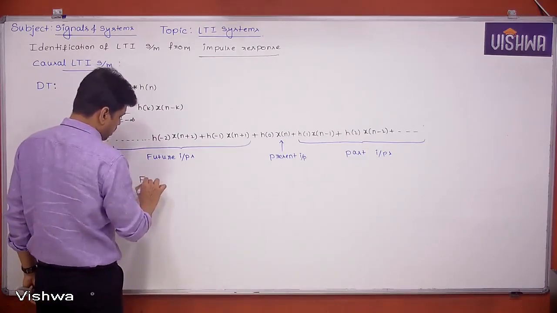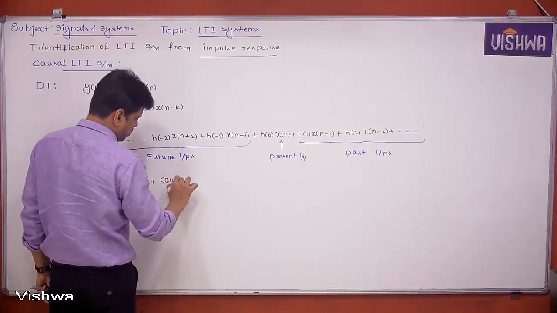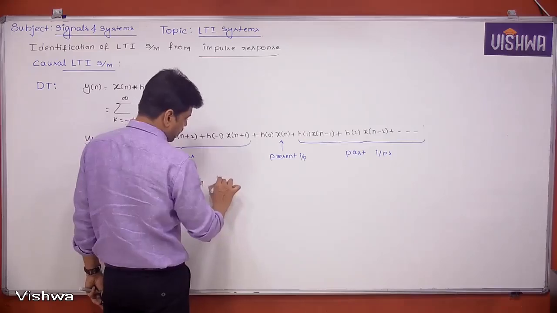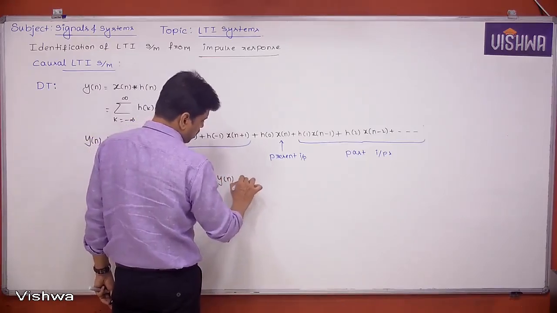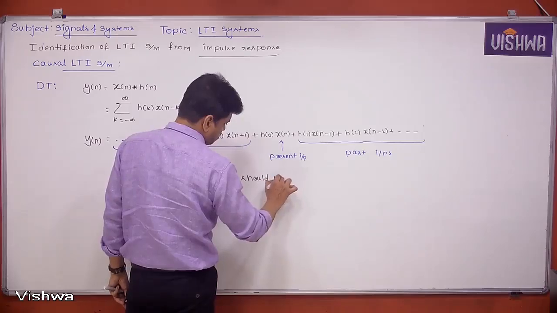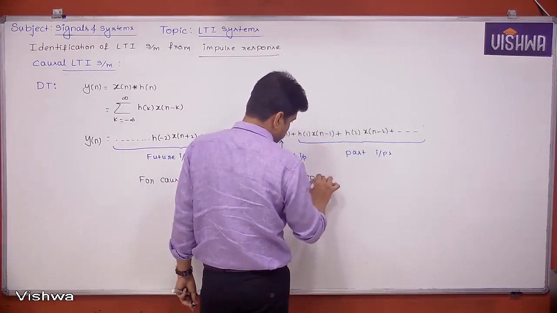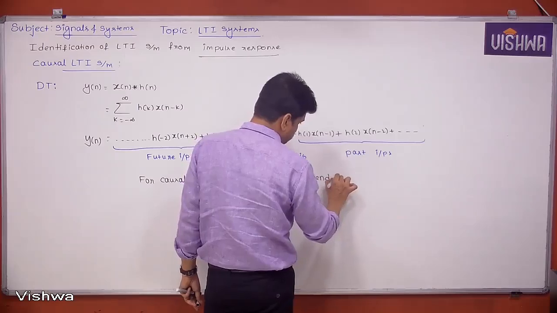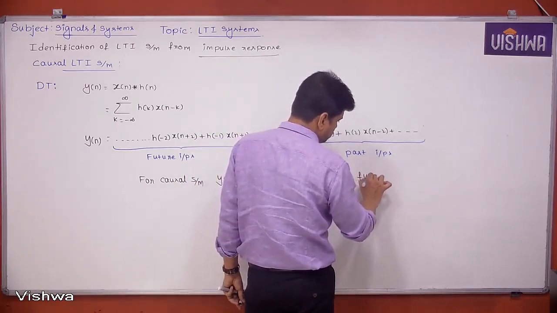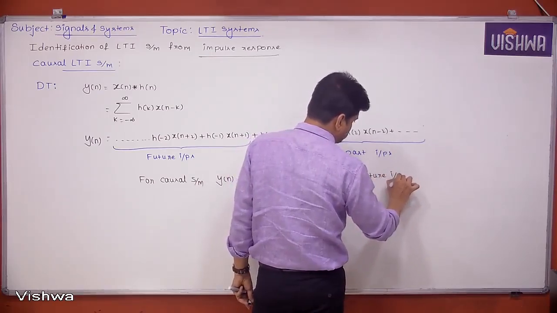For causal system, y of n should not depend on future inputs.